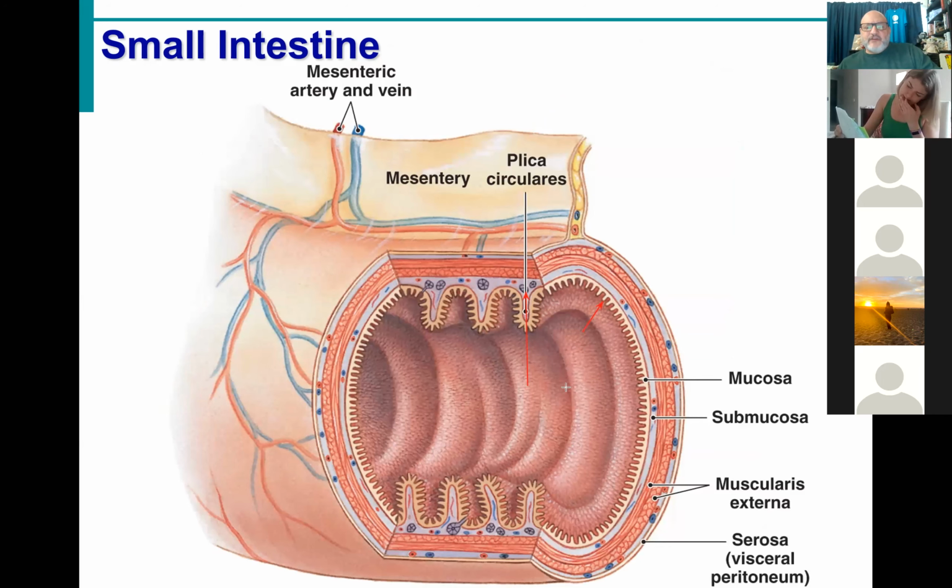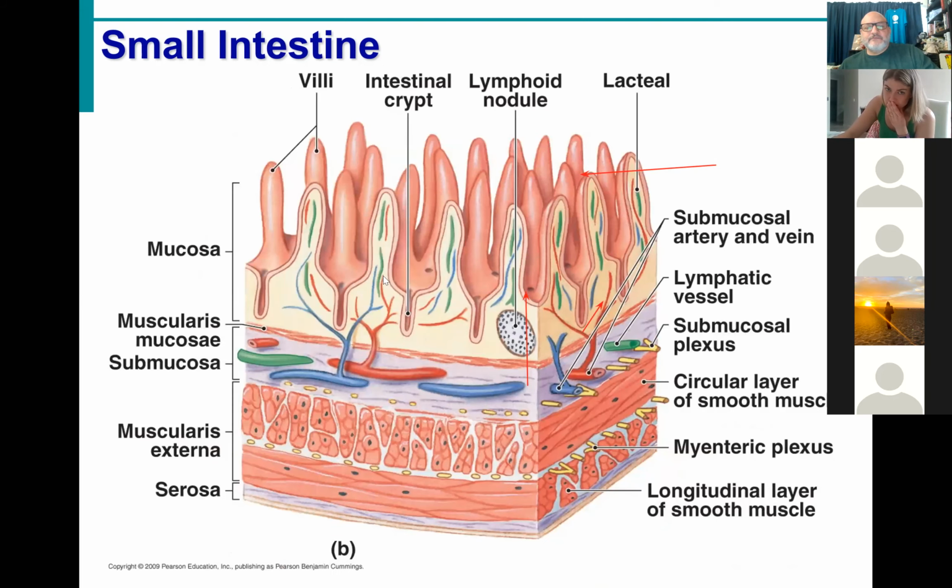So we can't forget that. And notice this must be either the ileum or the jejunum, because notice it's surrounded by a serosa, which comes together to form our mesentery, containing the blood vessels and nerves that carry information and blood to and from our intraperitoneal organs, small intestine. More pretty pictures showing this as well.